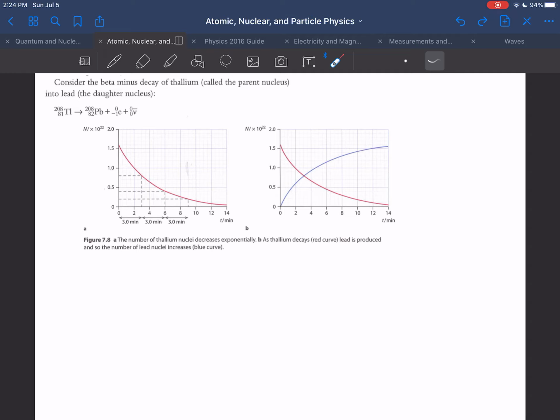So if you are told that the number of nuclei at this point is, for example, reading off this chart, 0.2 times 10 to the 22, but you've been told that 3 half-lives have passed, you should be able to multiply by 8 to get the original number of nuclei at 1.6 times 10 to the 22.